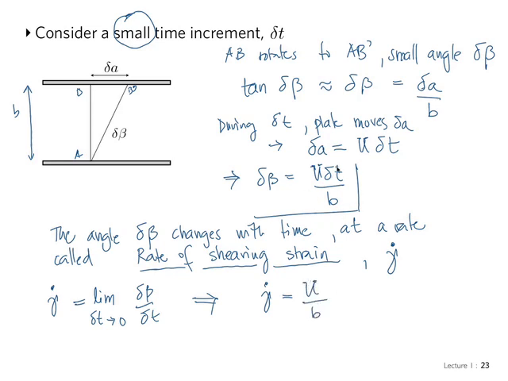From this expression, we divide by delta t and we take the limit, nothing happens because it's a constant, in this case U over b, which is equal, from the previous slide, to du dy, which is the gradient of the velocity. Now, in general, the velocity gradient is not going to be a constant. It is a constant in this very idealized situation.